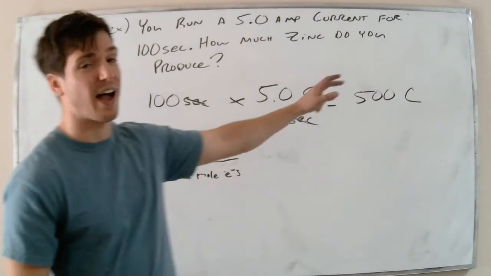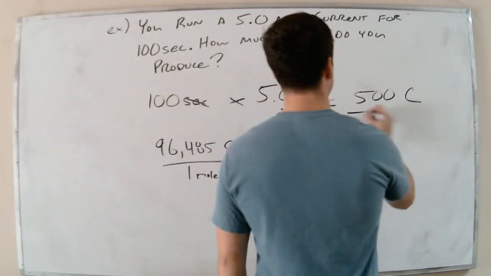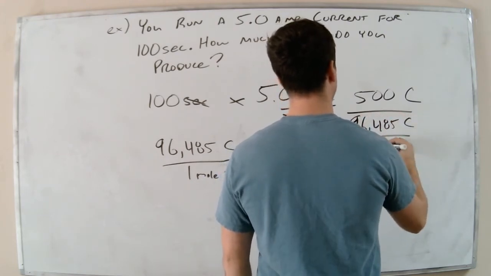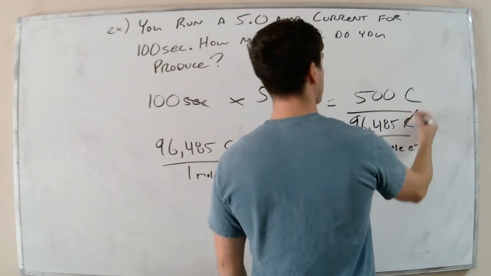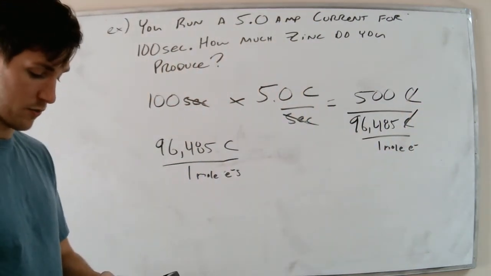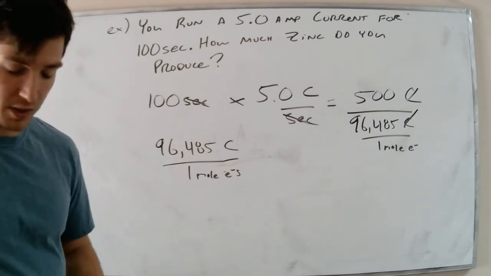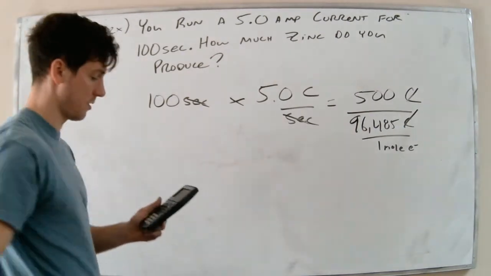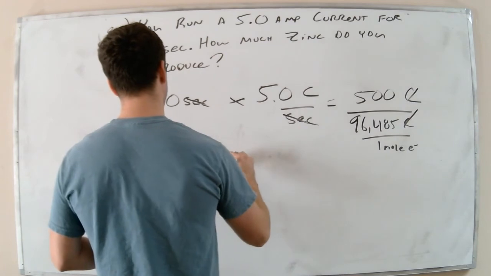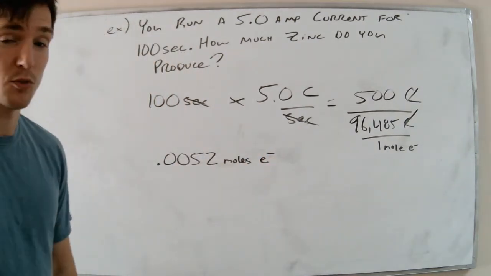I'm going to divide 500 coulombs by 96,485, right? That way, coulombs cancel out. I'm just left with moles of electrons. So 500 divided by 96,485 will give me 0.0052 moles of electrons.